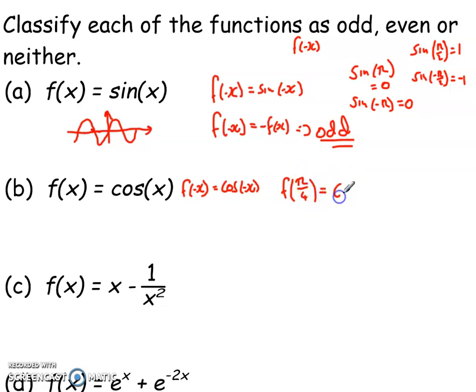What that means is I'm going to do cos of pi over 4. Now pi over 4 is the equivalent of 45 degrees. I know that cosine of 45 degrees is 1 over root 2. Then let's imagine I do f of negative pi over 4. So then cos of negative pi by 4.